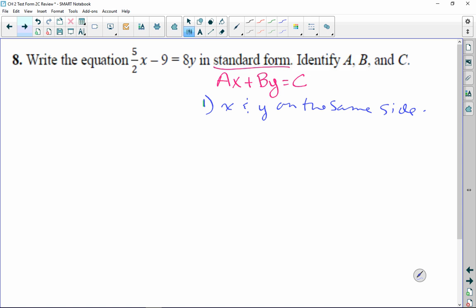Everybody clear on that? The second thing you have to understand about standard form is you can't have any what? Right. Can't have any fractions.